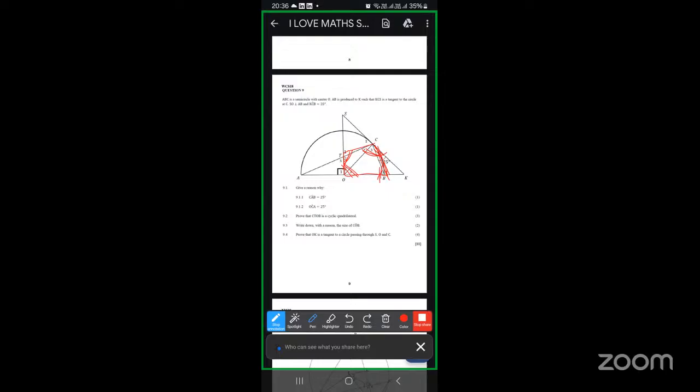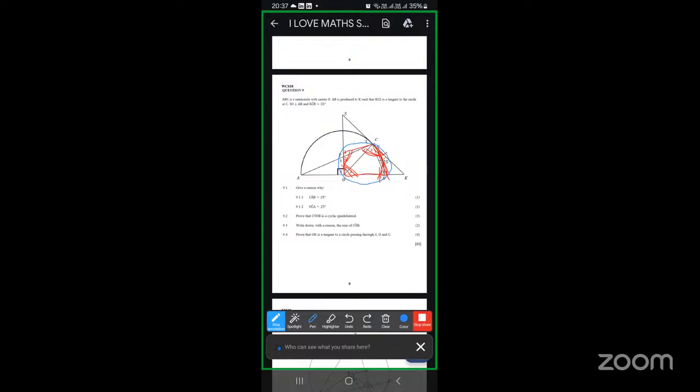Or if by any chance you can construct a circle here, let me use a different color, a circle here, because remember, a cyclic quad is a quadrilateral with all four corners on the circumference.